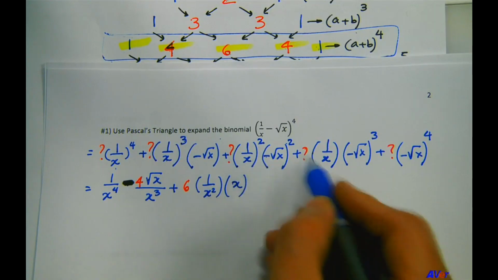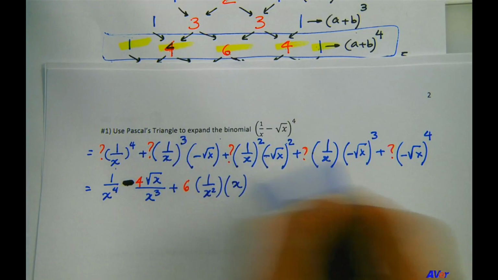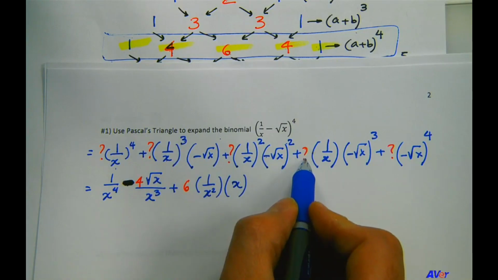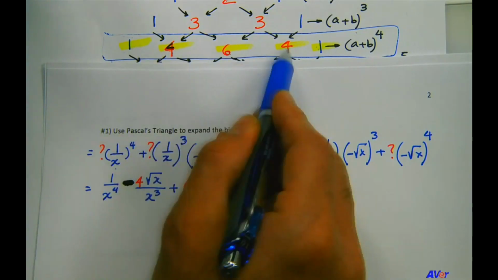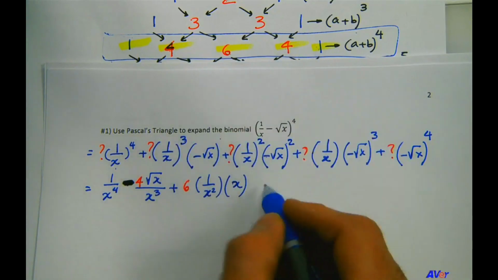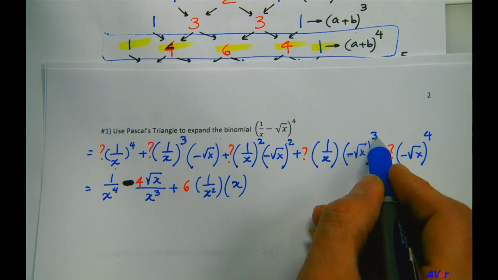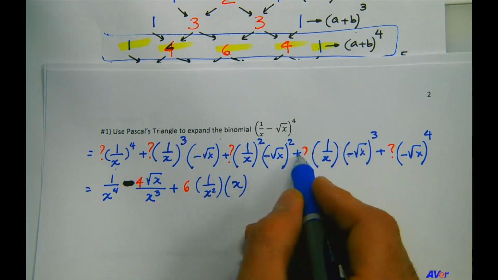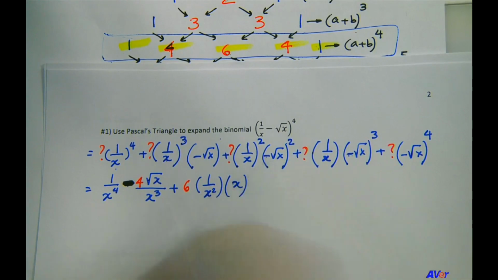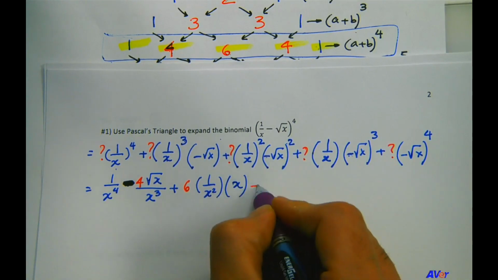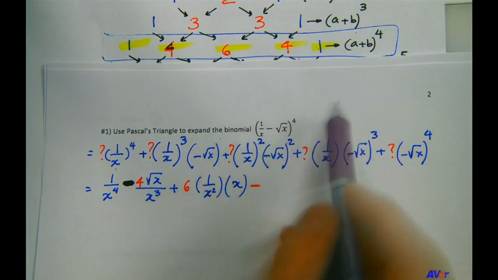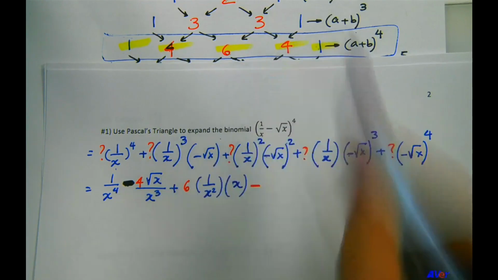Okay, so the fourth term, right? 1, 2, 3, fourth term, what coefficient will it have? 1, 2, 3, 4. It's going to be 4. Is it going to be positive or is it going to be negative? It's going to be negative because this negative is being raised to an odd power, so this is going to change to negative. So minus 4, right?